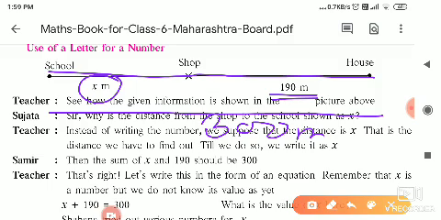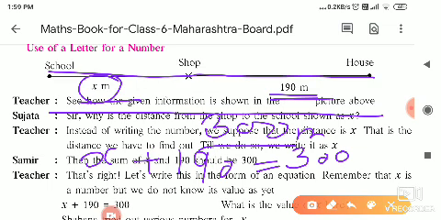So to find the distance between the school and the shop, we write x meters plus 190 meters is equal to 300 meters. That means we have to add x meters, the distance between the school and the shop, plus the distance between the shop and the house, 190, equals 300 meters.